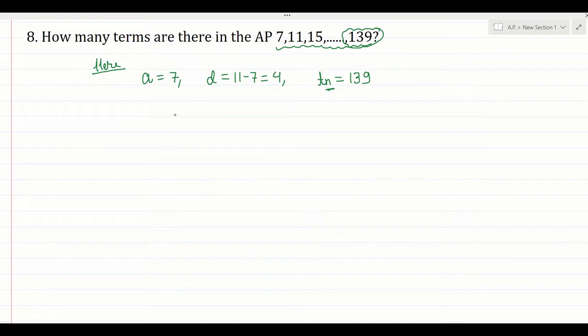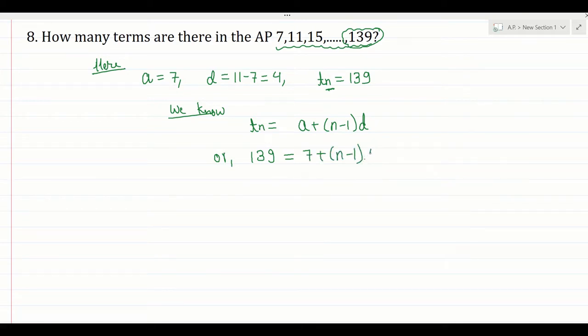Okay, we know Tn is given by your formula A plus n minus 1 d, and we have considered Tn as 139. 139 is equal to A, the first term 7 plus n minus 1 is unknown. D, the common difference is 4.